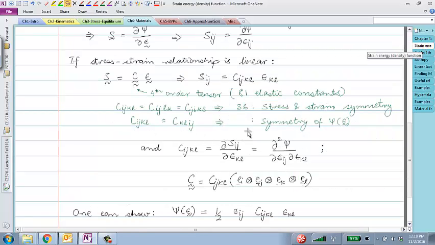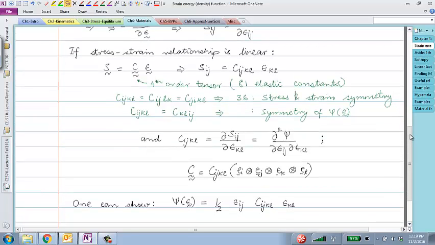Further, there is a major symmetry of this Cijkl, and what that means is, I'll take an aside here again, that we can show that for Hooke's model in 3D, the strain energy density function is given by half times epsilon ij Cijkl epsilon kl.